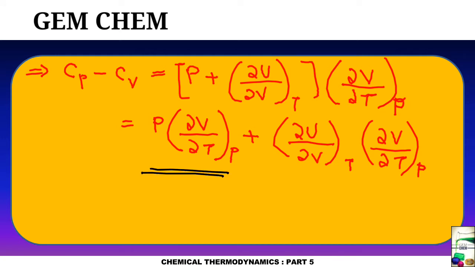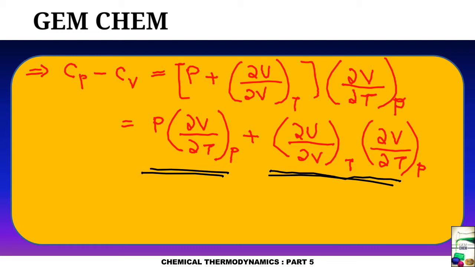Now this first part is the work involved in expansion per degree centigrade, and this part is the work expended to separate the molecules further apart to greater distances. Now you have to remember that when temperature is increased at constant volume, pressure increases and all the heat goes on increasing the chaotic motion of the molecules. And when temperature increases at constant pressure, there is an increase in kinetic energy of molecules, right?